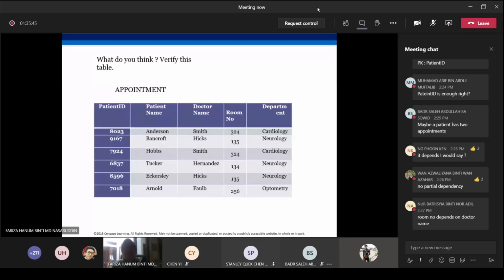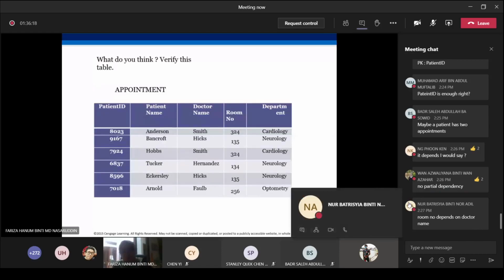That means Dr. Smith will always be in room 324 and always in the cardiology department. So to remove that transitive dependency, you take out room number and department and put them in another table. The doctor name becomes the new key, and the doctor name remains in the original appointment table.